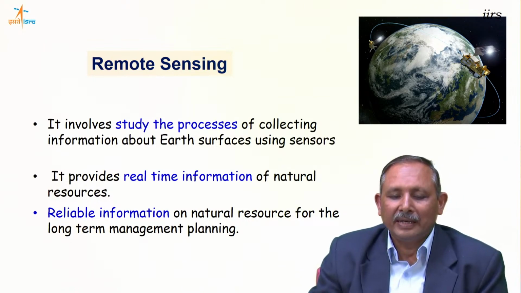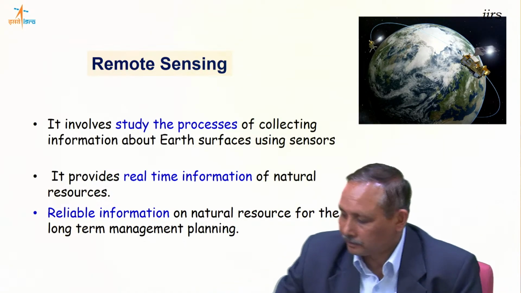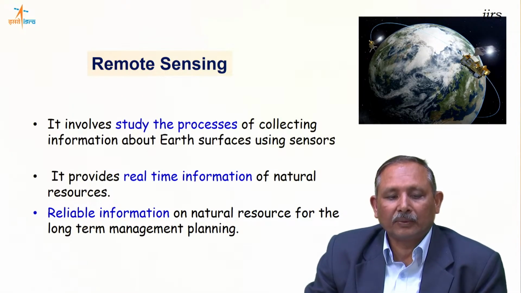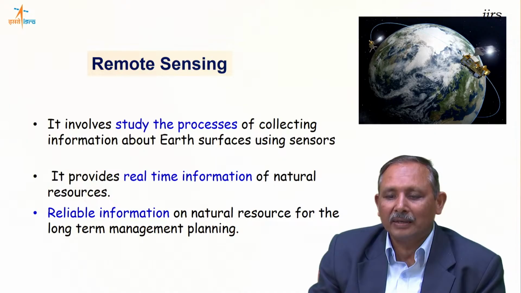So you are getting real time information on your resources. And third, the information you are receiving is reliable, unbiased information. These three important characteristics of remote sensing data help us to understand the earth surface or any object present on the earth, either soil, crop, forest, water, anything.